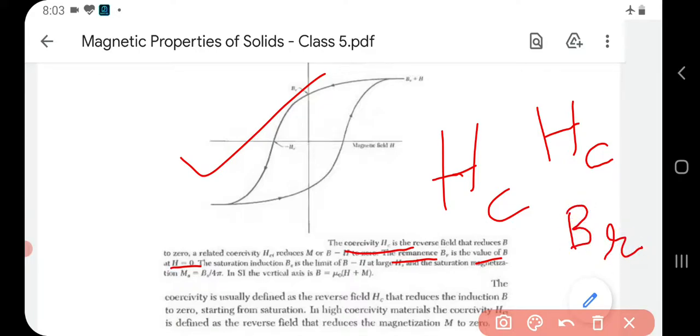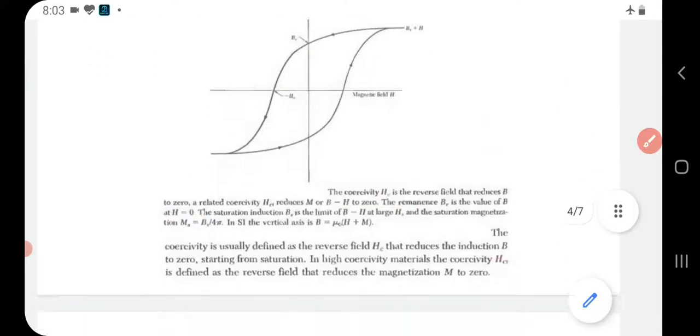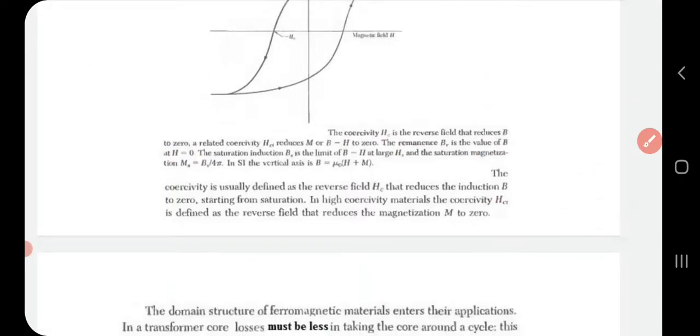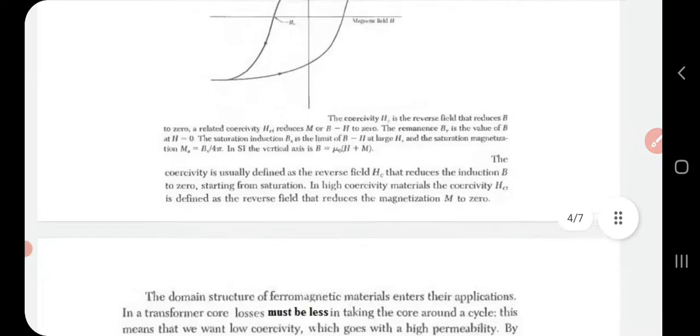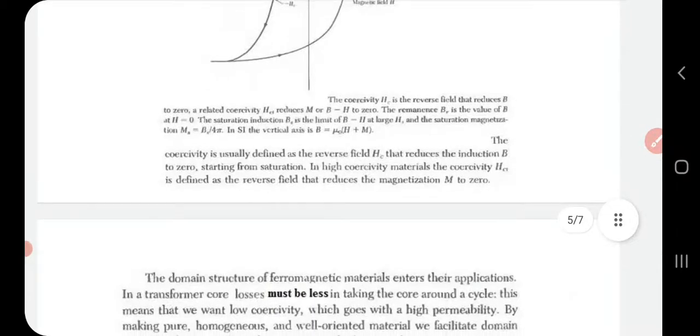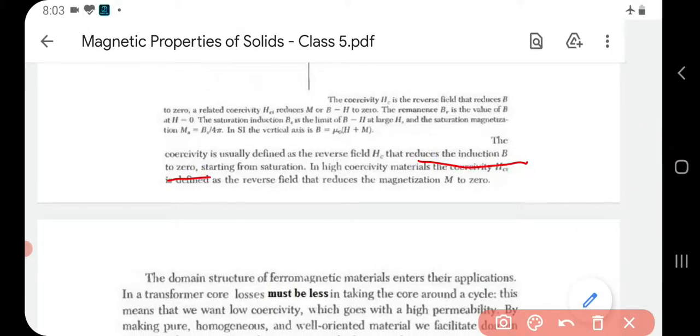Coercivity is the reverse field that reduces magnetic field to 0, and remnants is the value of magnetic field at H equal to 0. H means applied magnetic field strength. Coercivity is defined as the reverse field HC that reduces the induction B to 0, starting from saturation, as I have already explained.